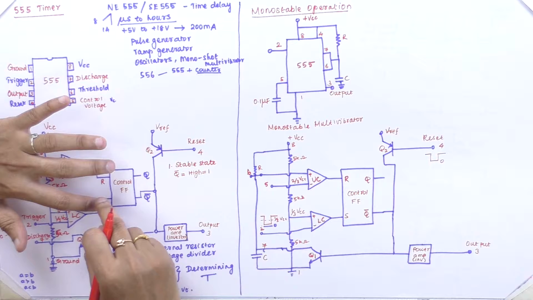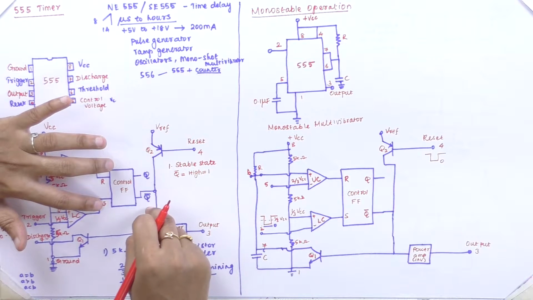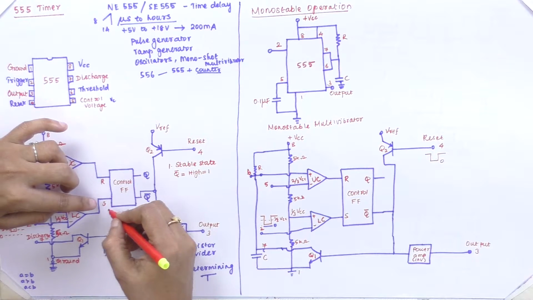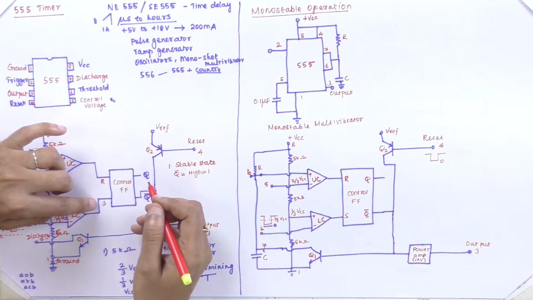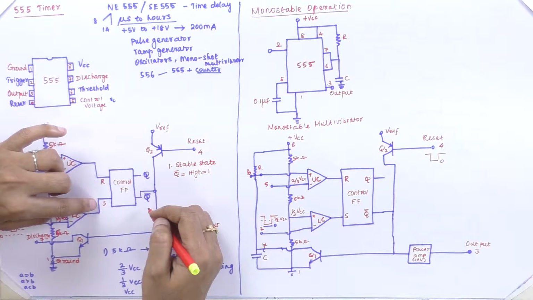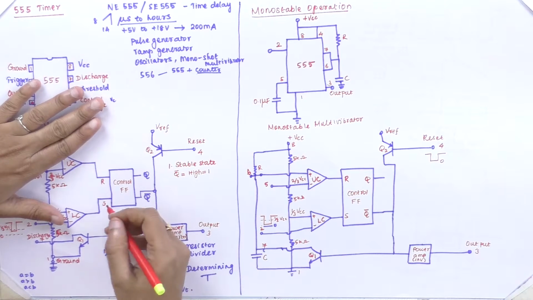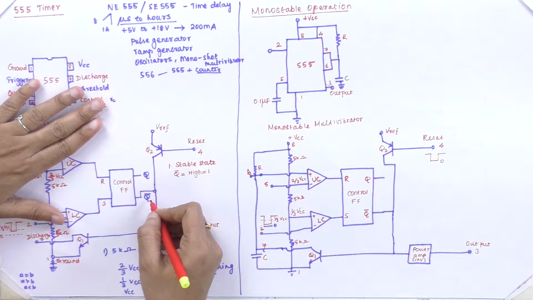In the set condition, Q becomes 1 and Q bar becomes 0. That is the condition in digital logic circuits for an SR flip-flop, which can be designed using either a NAND gate or a NOR gate. Whenever the set condition occurs, the output Q will be 1 and its complement is 0. So initially, in the stable state, I have made Q bar as 1.